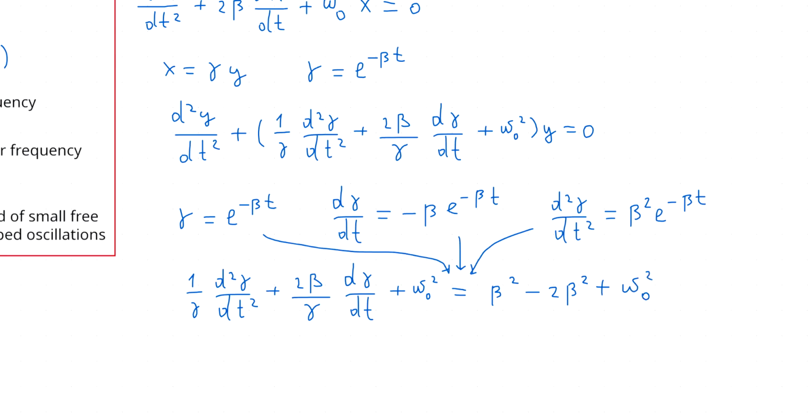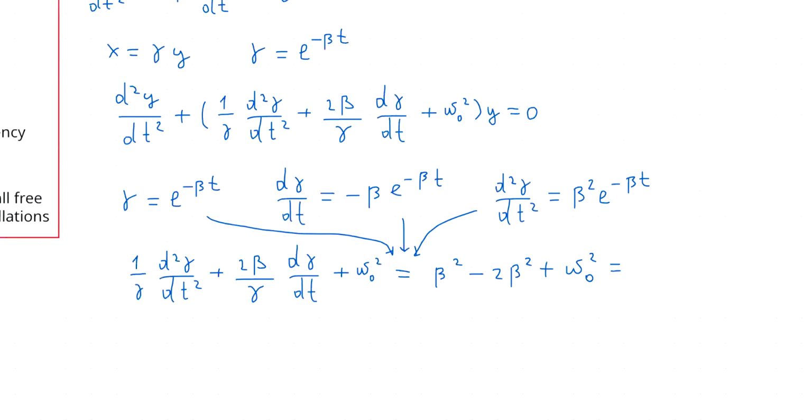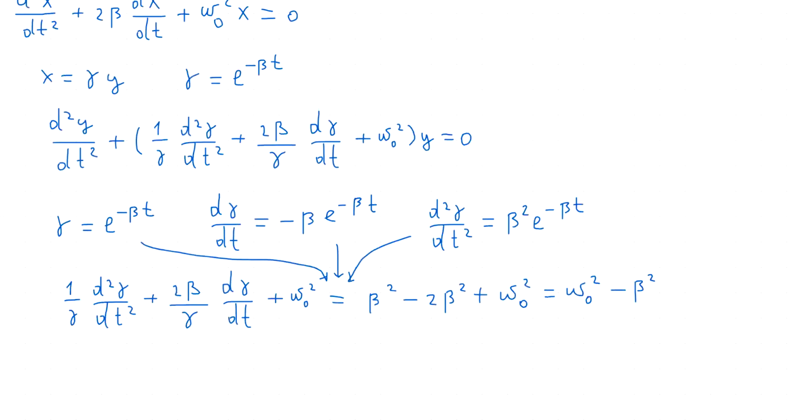And this will be equal to omega 0 to the power of 2 minus beta to the power of 2. Okay, do you have any questions about this? No questions.